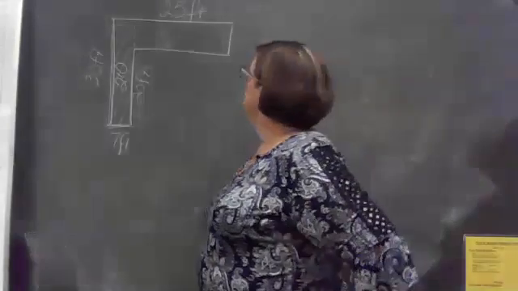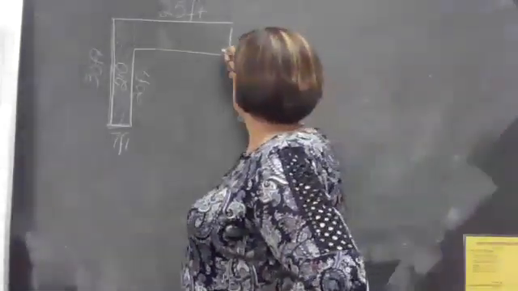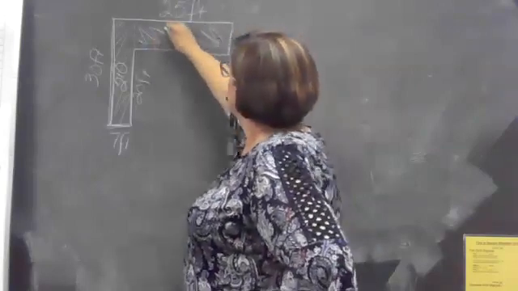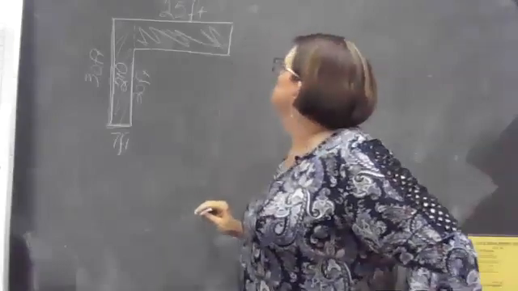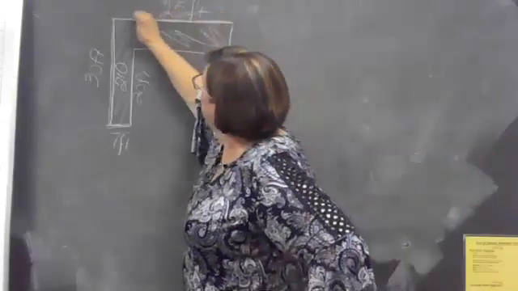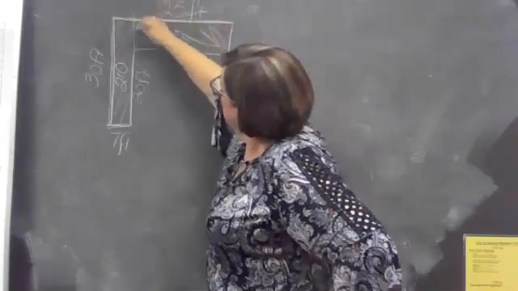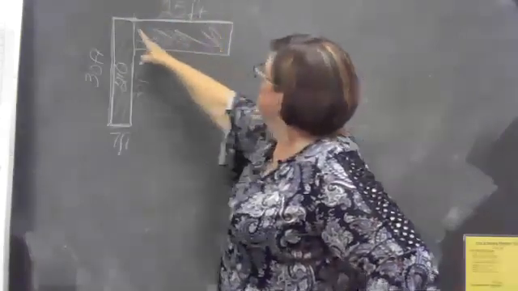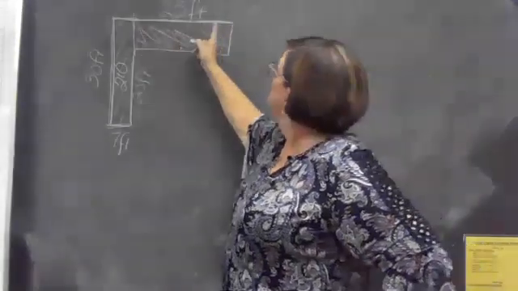Now this is where the trick comes in. Up here, to find this area, I need a length and a width. So 25 goes all the way to here. But I only want this much. I want from here to here because this is the rectangle I want. Do you guys understand what I'm looking at?